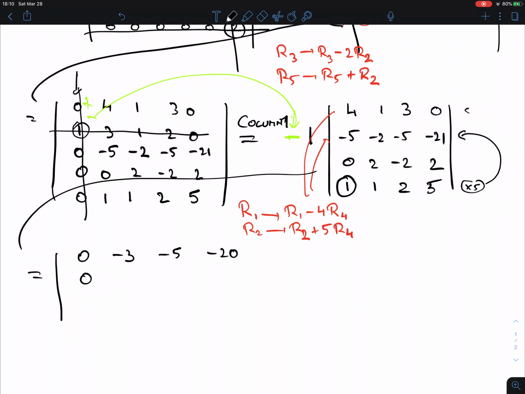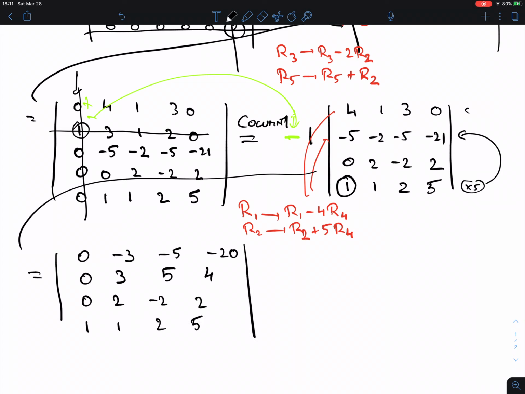So I get 0, 5 minus 2, that's 3, 10 minus 5 is 5, and 25 minus 21 is 4. Good. What else? I have 0, 2, negative 2, 2, and 1, 1, 2, 5.